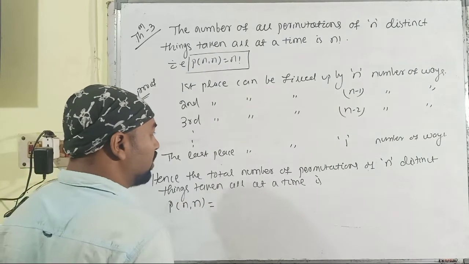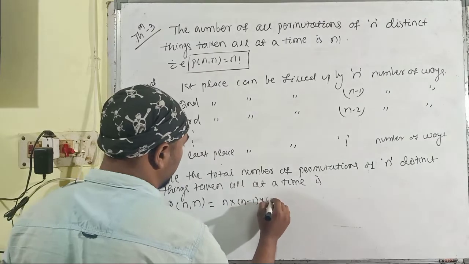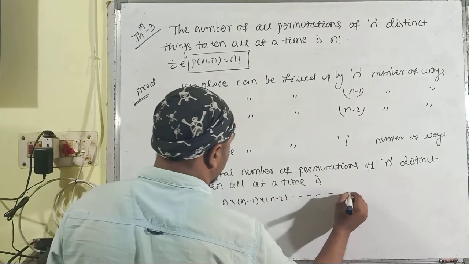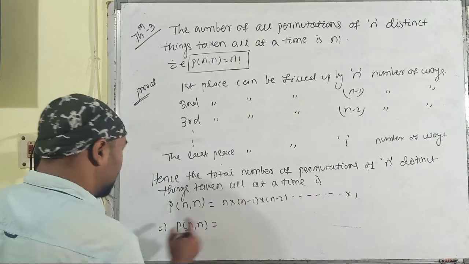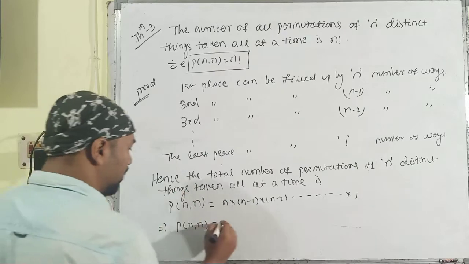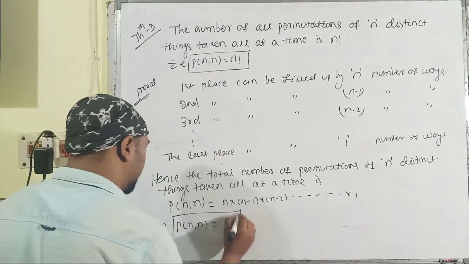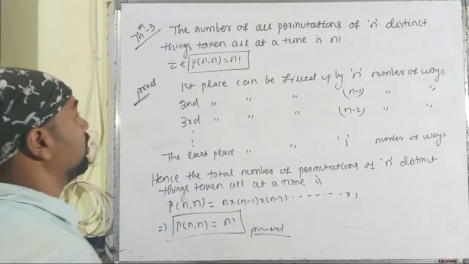So by using the counting principle of multiplication, it is n multiplied with n minus 1 multiplied with n minus 2, and so on up to 1. So P of n, the permutation of n different things taken n at a time or all at a time, is equal to n factorial, and this is the proof of theorem number 3.